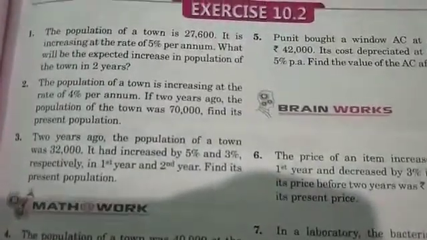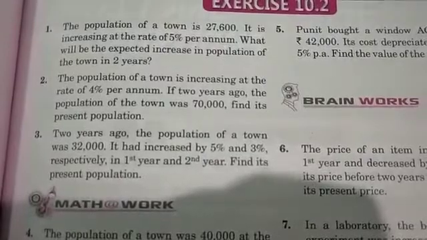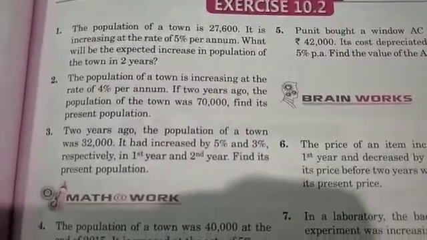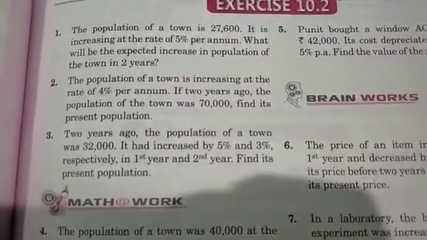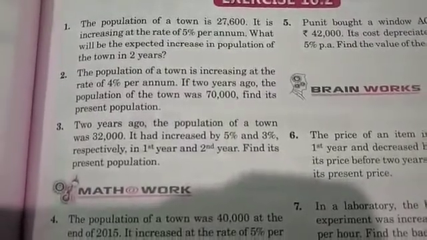Okay, next question. The population of a town is increasing at the rate of 4% per annum. If 2 years ago the population of the town was 70,000, find its present population. We will use the same formula as question number 1. Here the rate is given as 4%, and it is increasing.